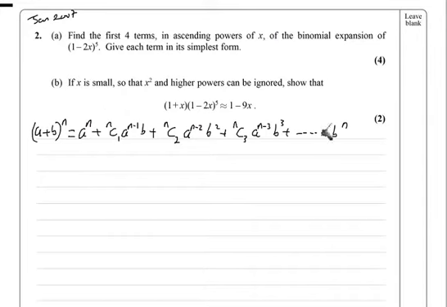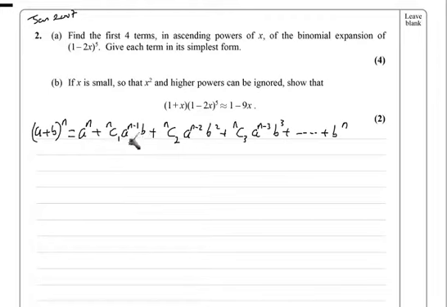You have to recognize this. The power of the first term is the difference between n and the second number, and the power of the second term is that number. Look at it here, n minus 3 is the first, and the second power will be 3.